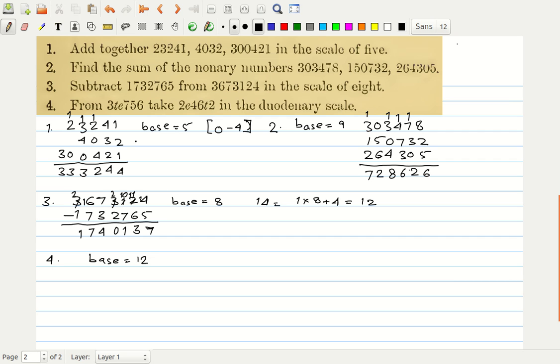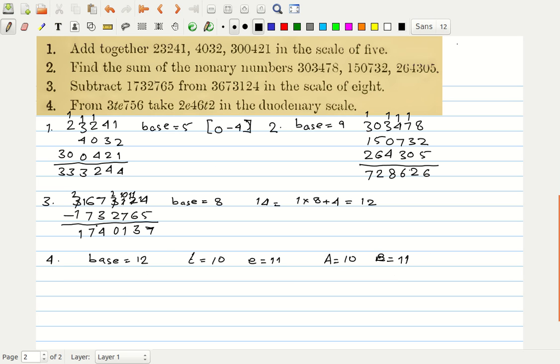Okay, and because this is an old book, what they are doing is they are saying that T is 10, E is equal to 11. We will say A is equal to 10 and B is equal to 11. Okay, so we will use the modern notation because A is 10 and B is 11. This is what is used in the hexadecimal number system.